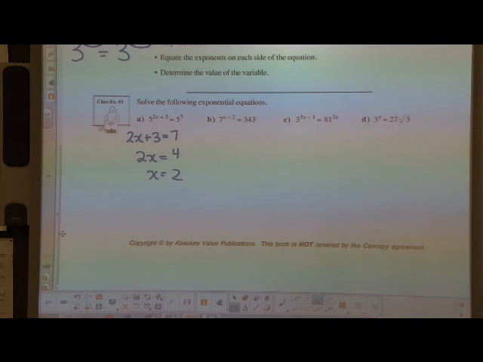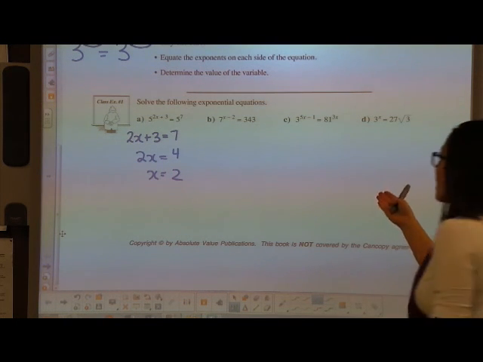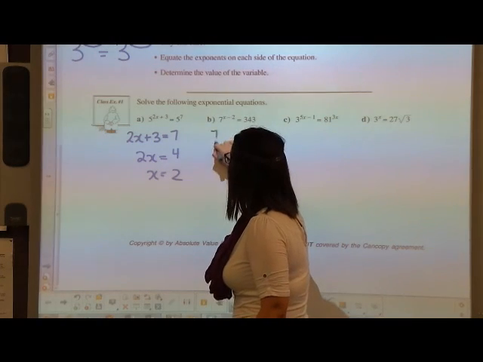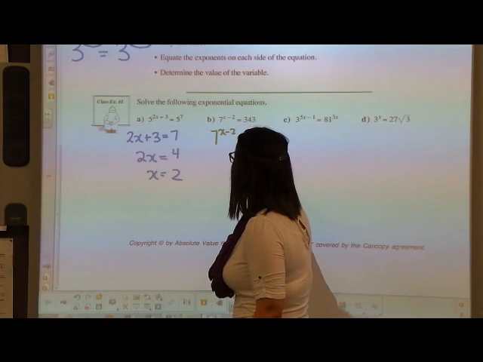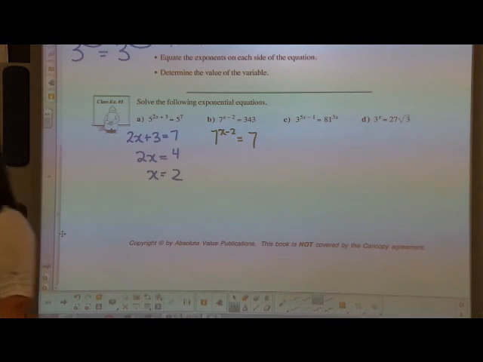So if I look at B, I have 7 to the power of x minus 1 equals 343. I don't have the same base, so now I want to find a common base. What base do you think I'm looking at? 7. Because I can't write 7 as anything else. So the question is, can I write 343 as a power of 7? 7 to the power of 3. Good.